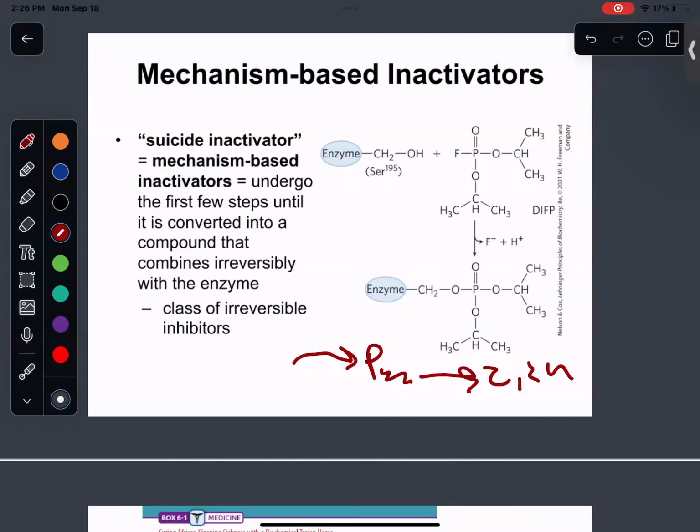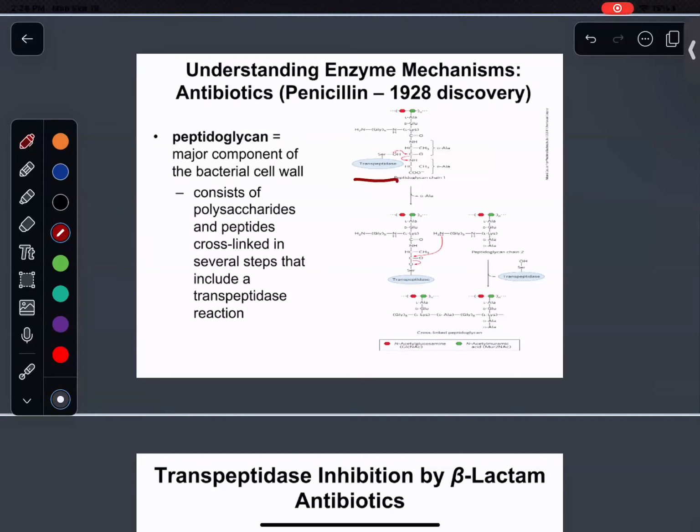And anyway, the point of things like penicillin is to work by targeting transpeptidase. This is transpeptidase. That's an enzyme that we need to synthesize peptidoglycan. Peptidoglycan is a super important component of the bacterial cell, the bacterial cell wall specifically.